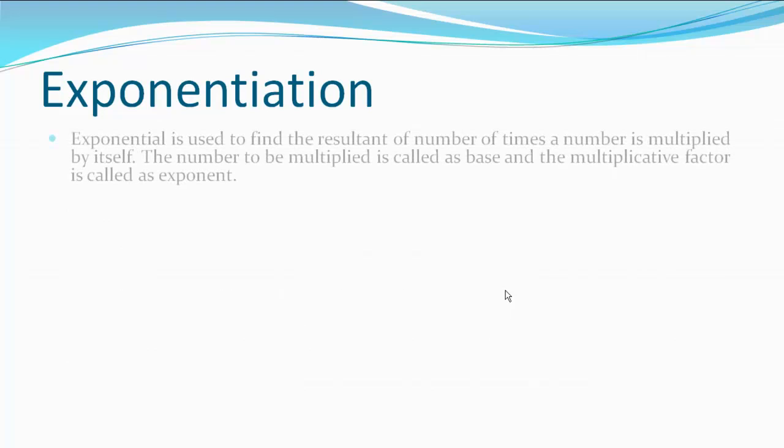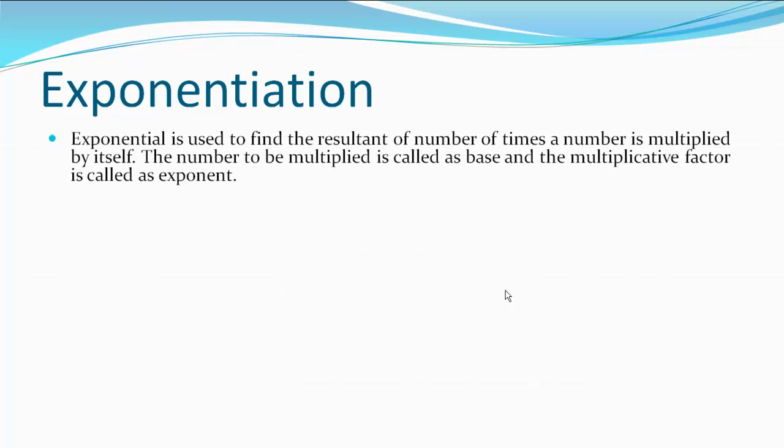In this section, let's discuss exponentiation. Exponentiation is used to find the result of multiplying a number by itself a number of times. For example, 2 to the power of 4 means we are multiplying 2 with itself 4 times.